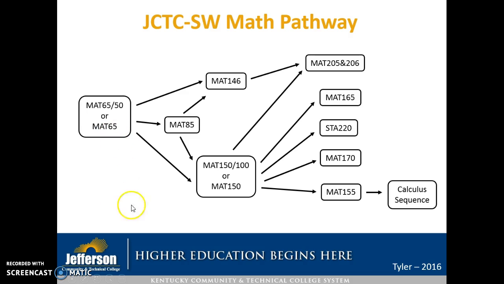Once you've taken the Math 6-5, then you can progress to 146 or 8-5 or 150. And 146 and 150 are both college level math, and for some of you that's all the math you'll need. If you go beyond the 146, these are the options that we have at Southwest. I'm going to get into more detail on these on the next slide.